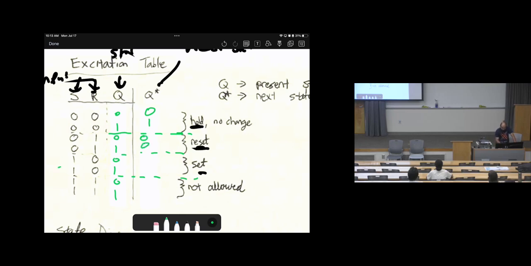The third part, S is 1 and R is 0, is set, so Q star will be 1 and 1, because we are in set mode. The last one is not allowed, so it is the forbidden state. I'm going to write them as X, forbidden states.